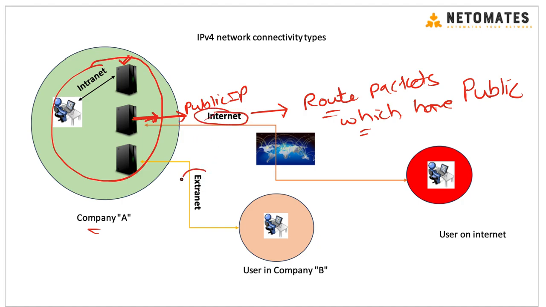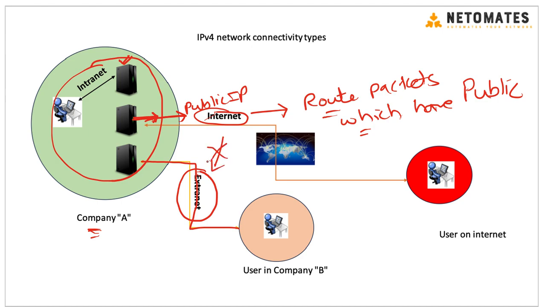And there is another connectivity type called extranet. Suppose company A is providing some services to company B specifically, and they don't want to open it for everybody on the internet. In this case, company A and company B will have their own dedicated line or dedicated communication. So this is not open to the internet.